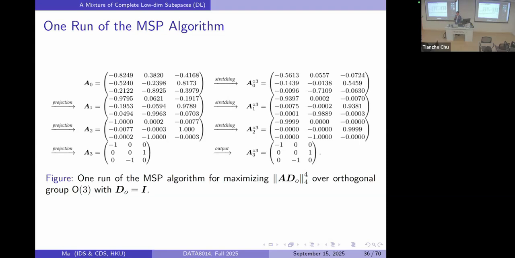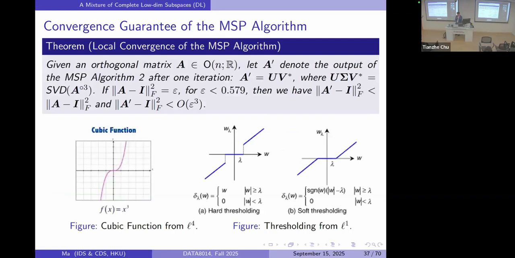We started with something we thought was impossible, and it turns out there is a tremendously fast algorithm. How fast? It's even faster than exponential, faster than power iteration or PCA. At least around the global optimum, you can prove the convergence rate is actually cubic.